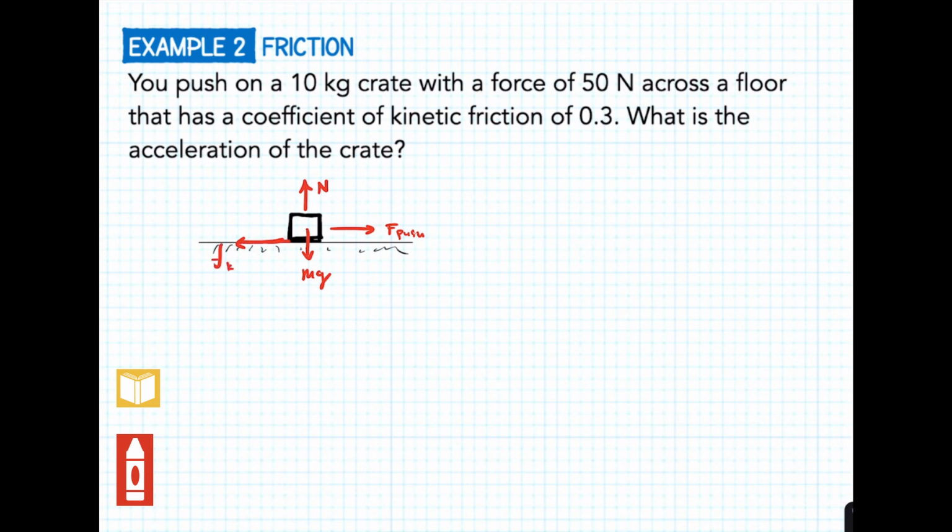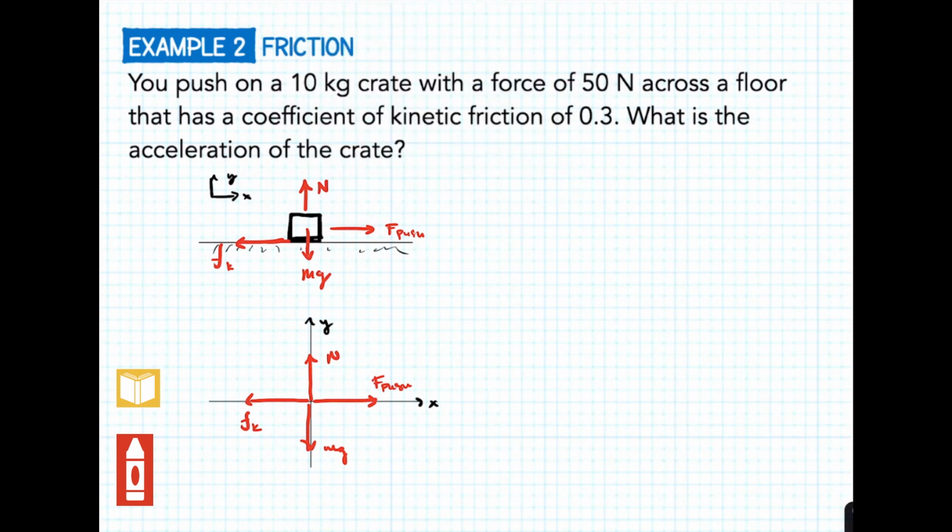So we can redraw our force diagram. I figure we'll do this just XY, right? And so if we want to draw this as a free body diagram, we draw it over here. So X, Y, and we redraw these. So we have normal force, F push, weight, mg, and kinetic friction.